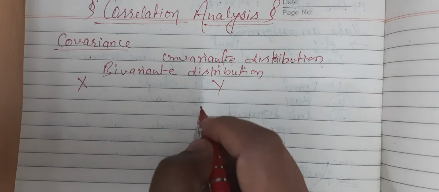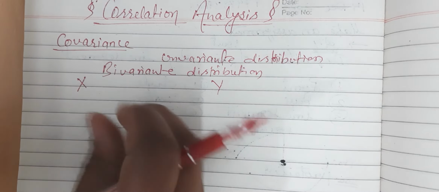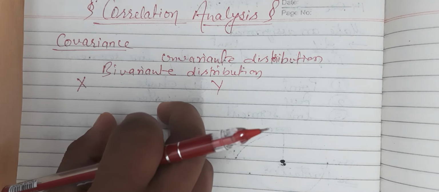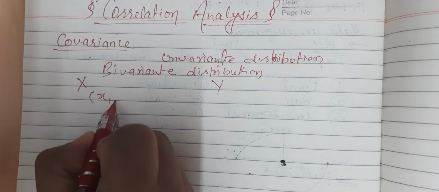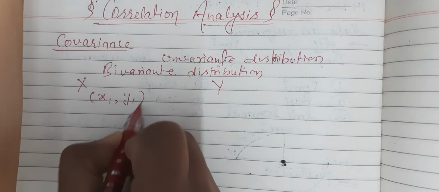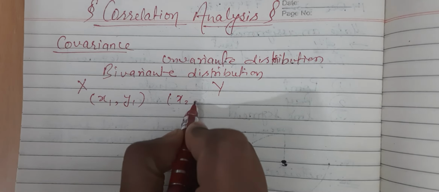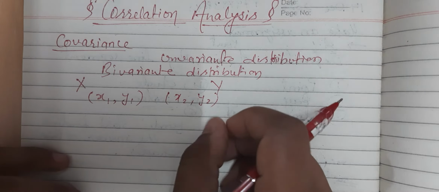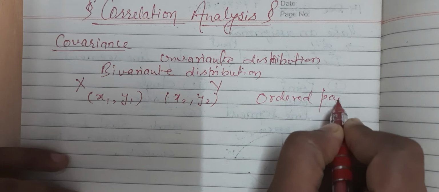In covariance, we will write it in the form of ordered pairs, which we have already discussed. Let x1 be the first value of the first variable and y1 the first value of the second variable. This is the way we will write our distribution in the form of ordered pairs.